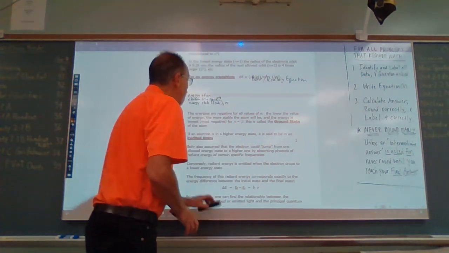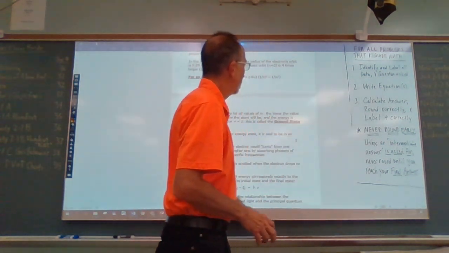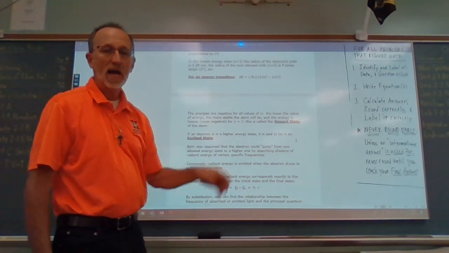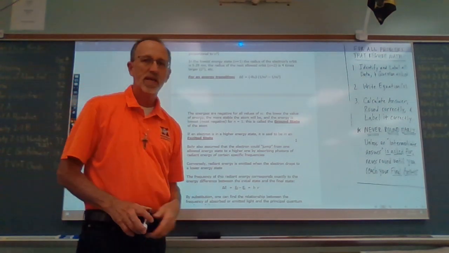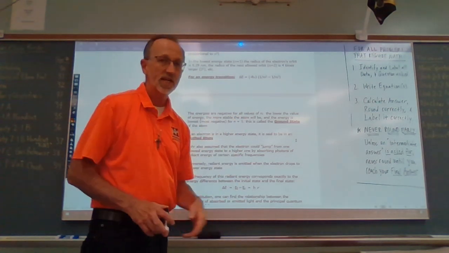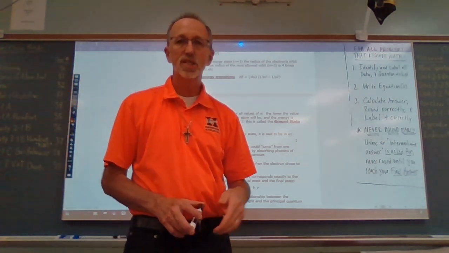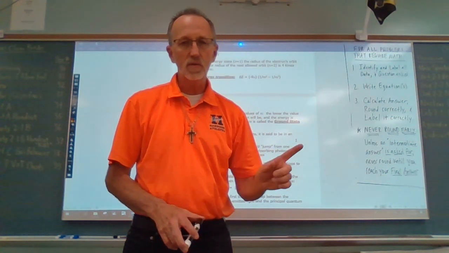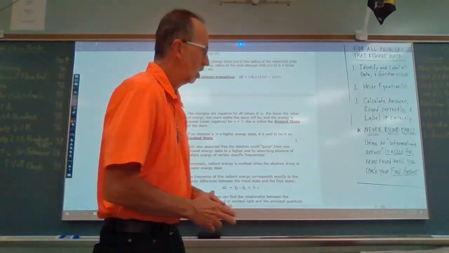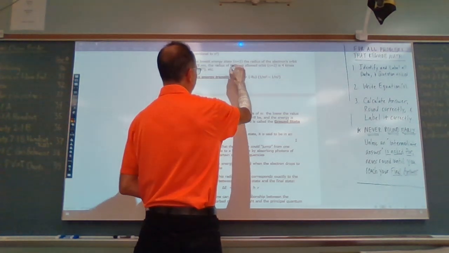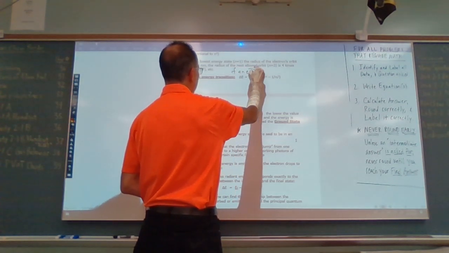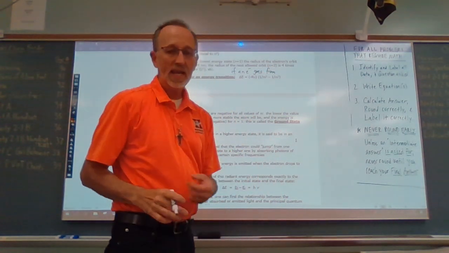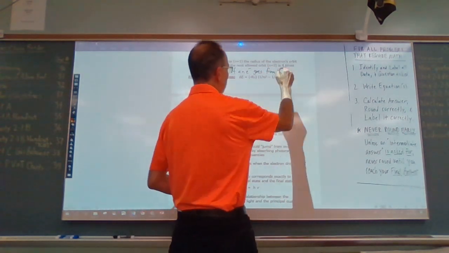Okay? So this is a modified equation based on the Bohr-Rydberg equation, whereby we can calculate the change in energy as an electron transitions from one energy state or one energy level to another. So let's do an example of that right here. So let's say an electron goes from n equals 1 to n equals 2.